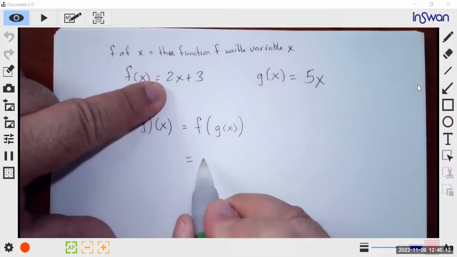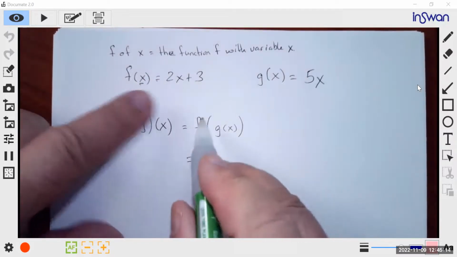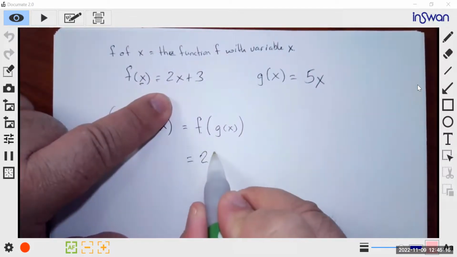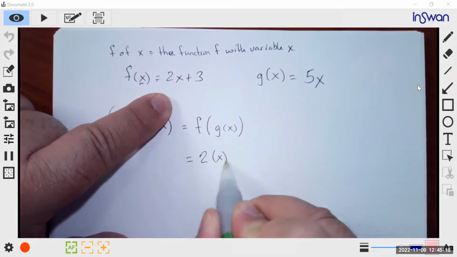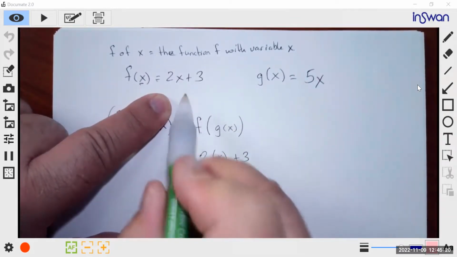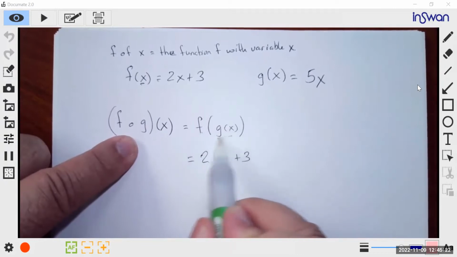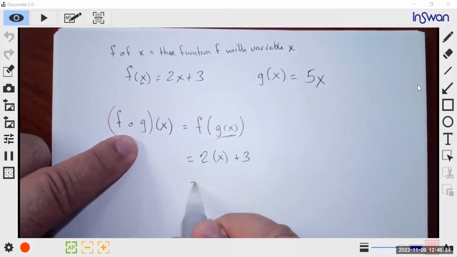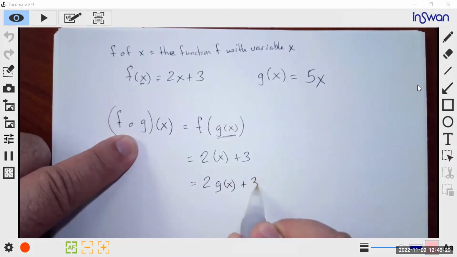F of x is 2x plus 3. But in place of x, we have to put g of x. So this is 2 times g of x plus 3.